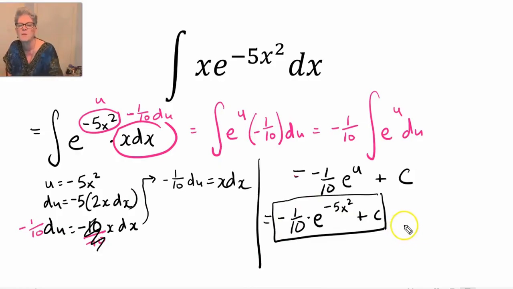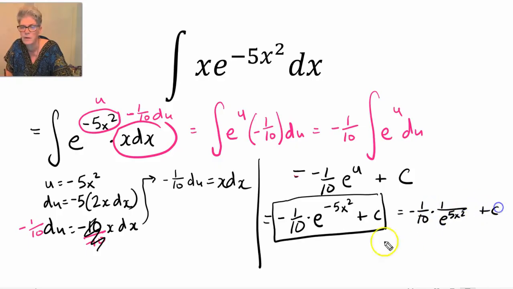You might see it different in the back of the book if this was a book problem and you're looking at the answers, or if it's a multiple choice problem. Because e to the negative 5x squared is the same as 1 over e to the positive 5x squared. And then you can multiply those together.